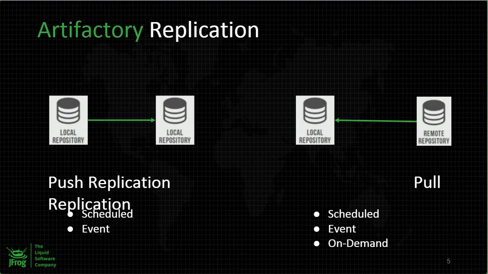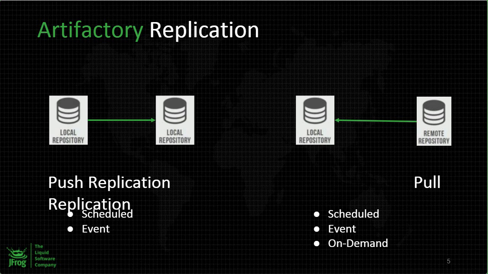With push, as you see, push is always between two local repositories, whereas pull is between a local repository and a remote repository. Push replication is used to synchronize the local repositories, and it's always implemented by the Artifactory server on the near end.